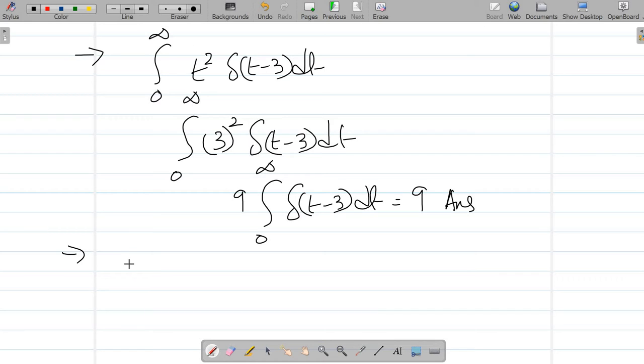Let us try to evaluate another problem, say the integral from 0 to 5 of delta of t into sine 2 pi t dt. Now this also becomes very simple.